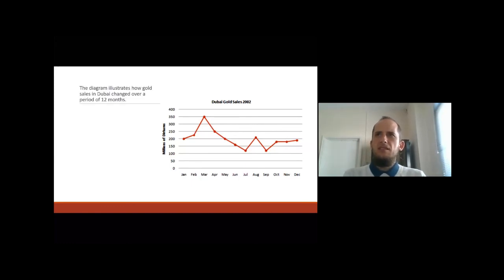Okay, so this is the introduction that I've written. I've said the diagram illustrates how gold sales in Dubai changed over a period of 12 months. And have a look at this overview. Can you see any problems with this overview?